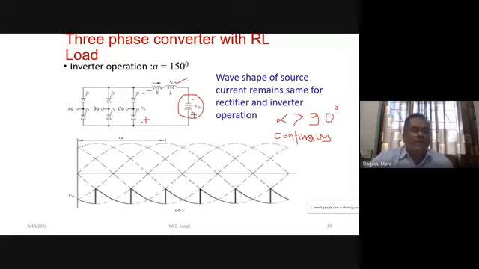Now, this is alpha equal to 0 for T1. This is the instant crossing of alpha equal to 0 for T1, and after that this will be our waveform. This is the VAB waveform I am tracing.